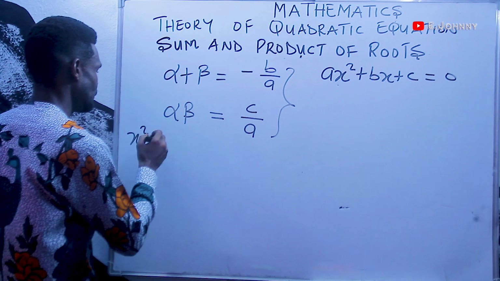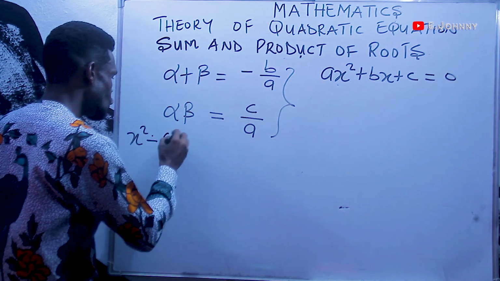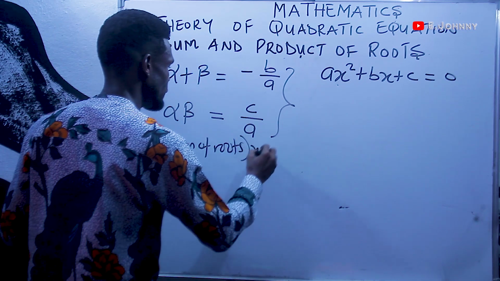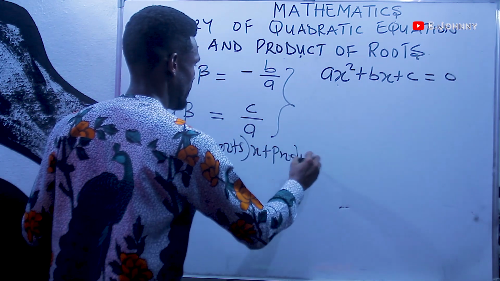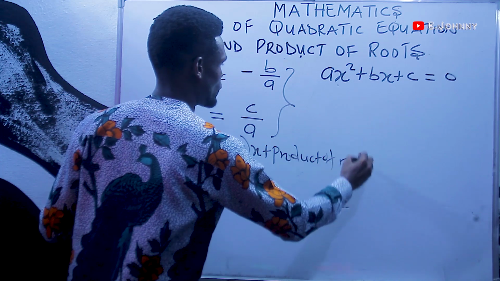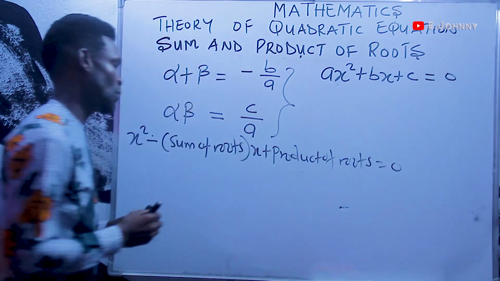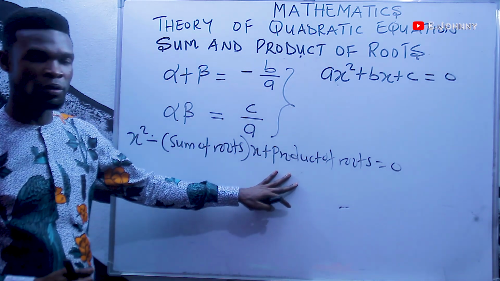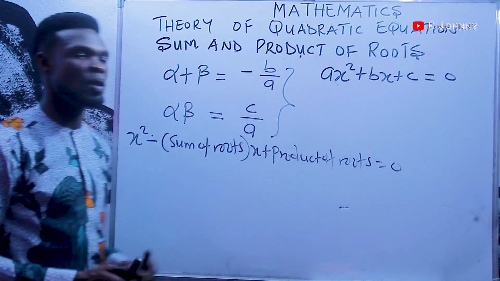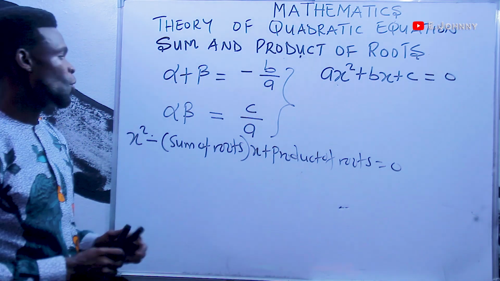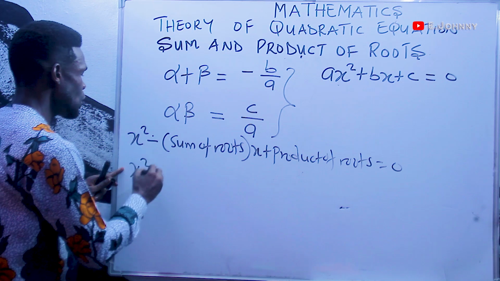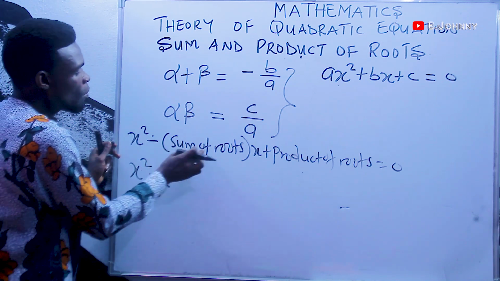X squared minus sum of roots x plus product of roots equals to 0. You can remember this formula when we were dealing with formation of quadratic equation. We equally use this formula to form a quadratic equation. Now, I can rewrite this formula like this: x squared minus, remember we say sum of roots.